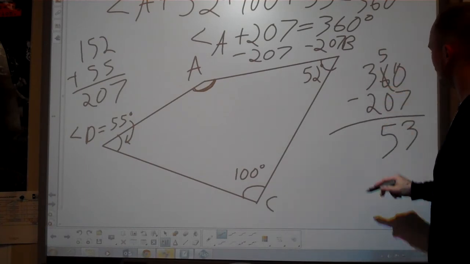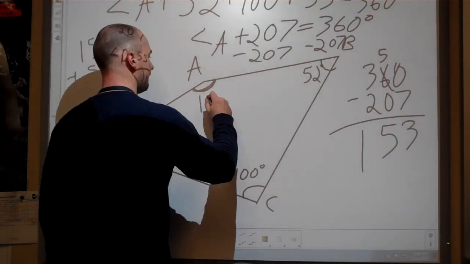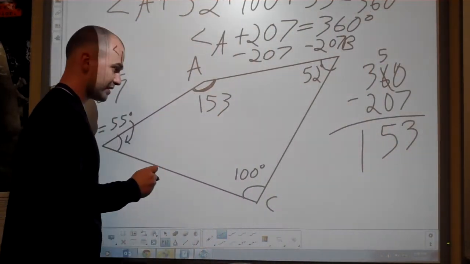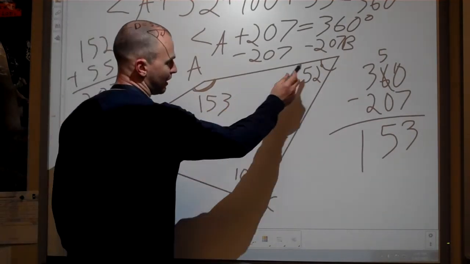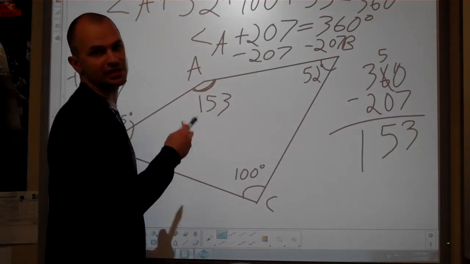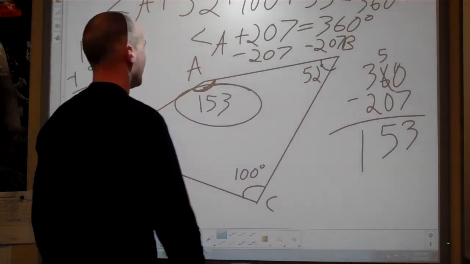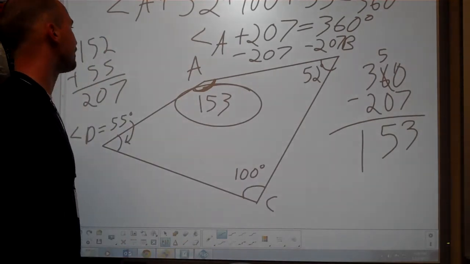And 3 minus 2 is 1. So this angle right here has to be 153 degrees. 153 plus 52 plus 100 plus 55 brings us to 360. So angle A here is 153 degrees.